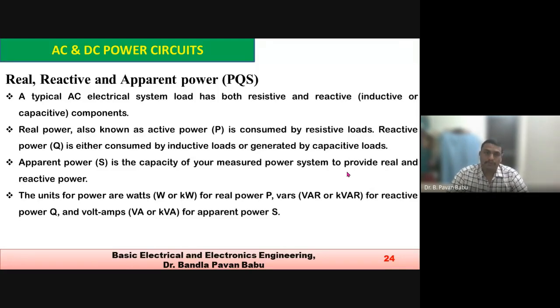Let us go to the topic of AC and DC power circuits, that is real, reactive, and apparent power.